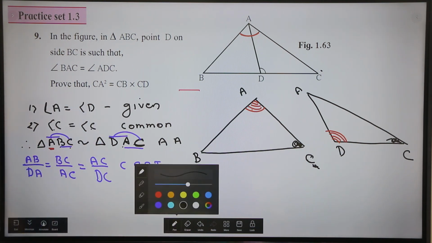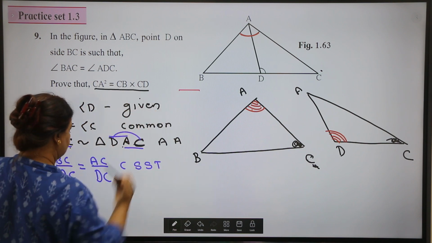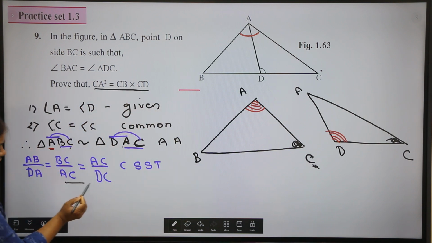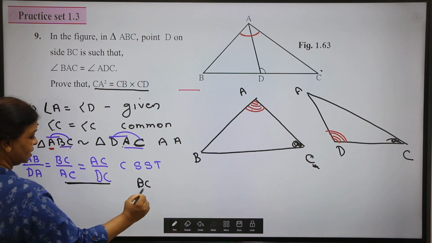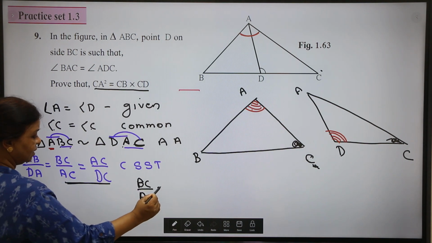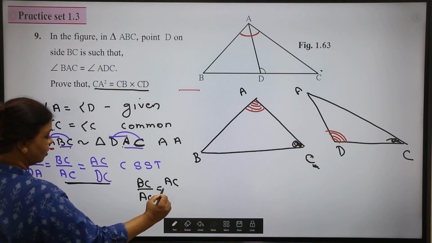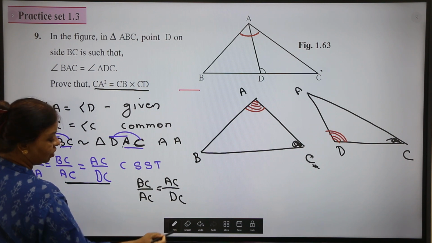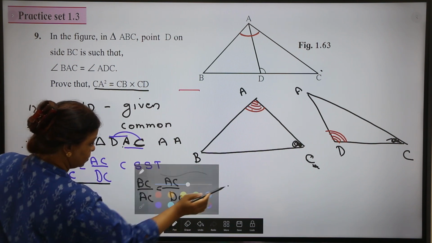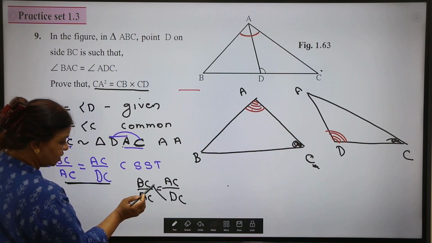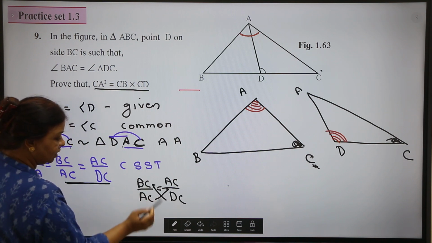Now what do I want to prove? CA square. So here if I take these two ratios, BC upon AC is equal to AC upon DC, and if I cross multiply them, what am I getting?